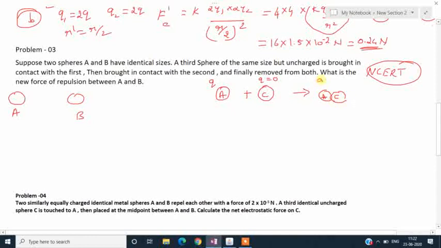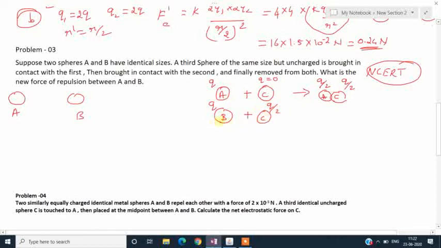So A will become Q by 2 and C also becomes Q by 2. That means the charge is going to redistribute among both the bodies. Now I have B. B is having Q. Now C is having charge Q by 2 because I already made contact with A, and I am bringing it near B.